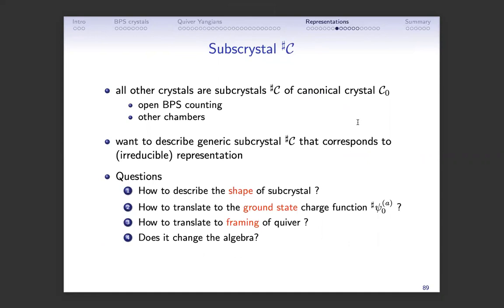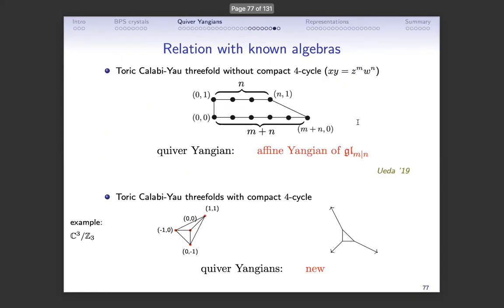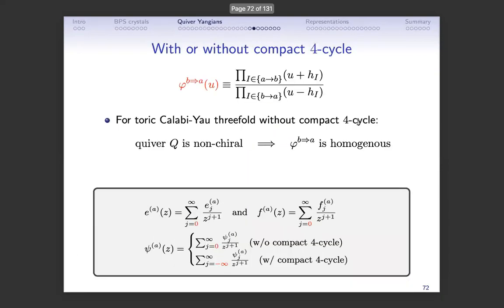So basically my question is, how does the algebra generalize? What are the differences? For example, the mode expansion has negative integer values. Is there any other difference? No, that's the main difference.